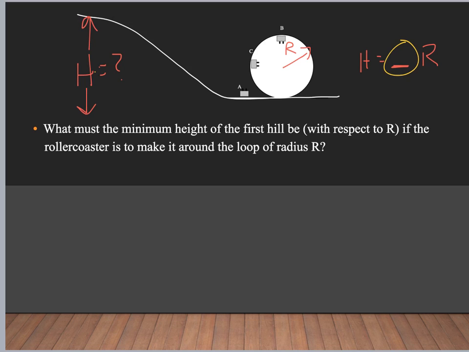Okay. It's still conservation of energy. The starting energy has to equal the final energy. Our final energy is at point B, the top of the loop. So when we start out, it would be just releasing the car at rest. So we only have mgh.